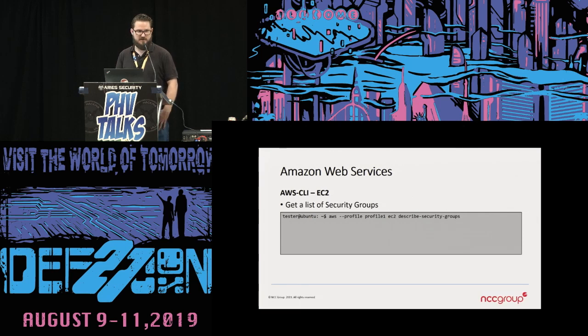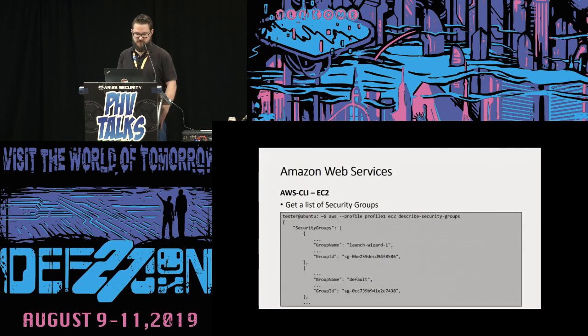So the next thing we want to do is get a list of security groups. So NACLs and security groups are similar, but they are different. Security groups are in front of instances, whereas NACLs are in front of subnets. So we'll run this command. We get a list of security groups on the account.